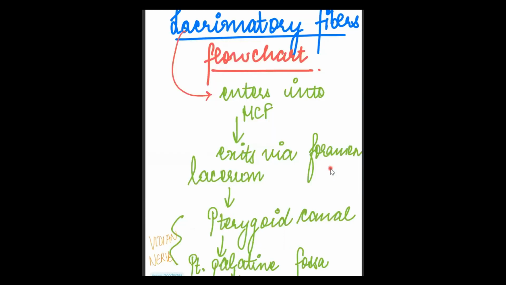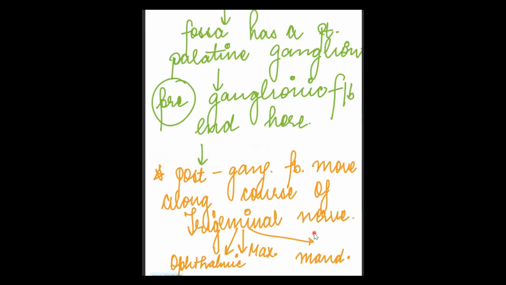So, I have just a brief of the lacrimatory fibers course through a flowchart. Enters into the middle cranial fossa, exits via the foramen lacerum, enters into the pterygoid canal, then enters into the pterygopalatine fossa. This nerve was called the Vidian nerve, which was the nerve to pterygoid canal. Then the fossa has a pterygopalatine ganglion. Preganglionic fibers end up here, but postganglionic fibers move along the course of the trigeminal nerve.